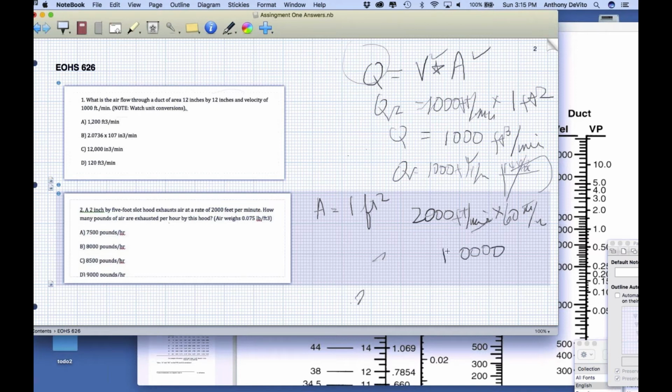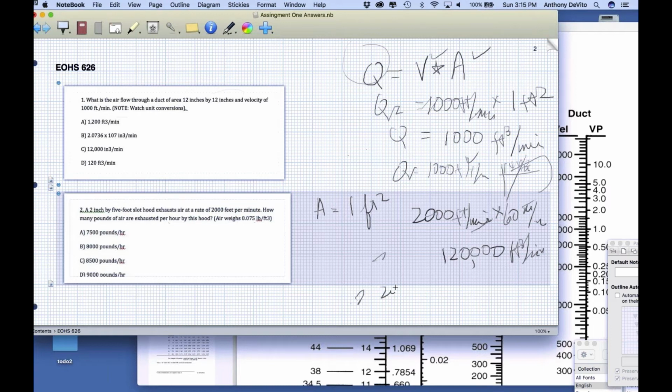And 2 times 60 is 120,000 cubic feet per hour. Each cubic foot weighs 0.075 pounds.